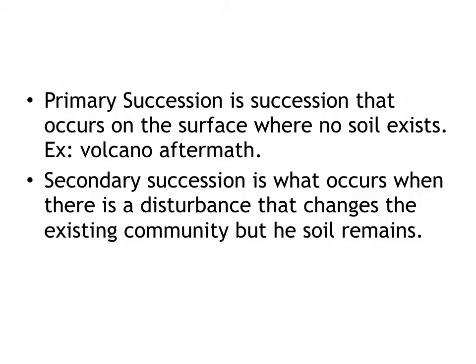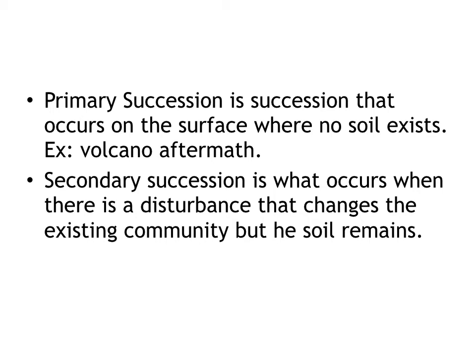So primary succession is succession that occurs on the surface when no soil exists. So if you have bare rock and no soil, it's primary succession. So if a volcano erupts, then you have that rock layer over it. Now, secondary succession is what occurs when there's a disturbance that changes the existing community, but the soil remains.